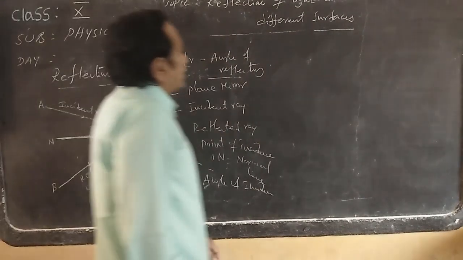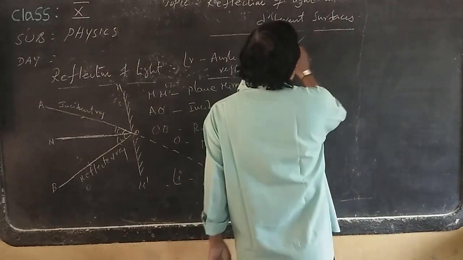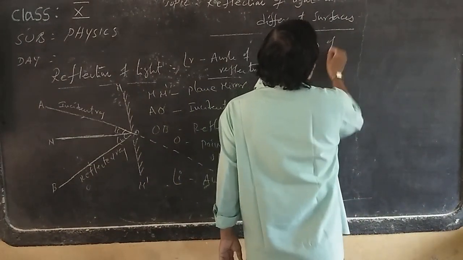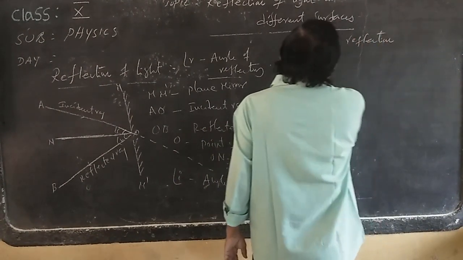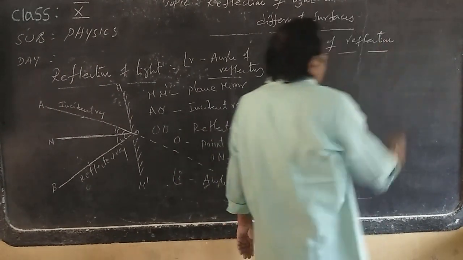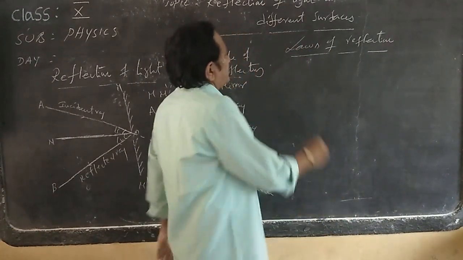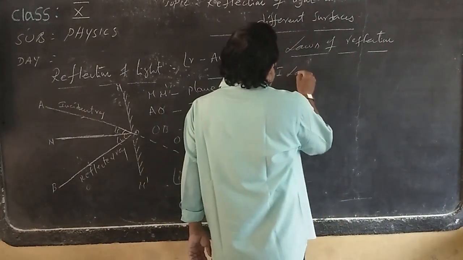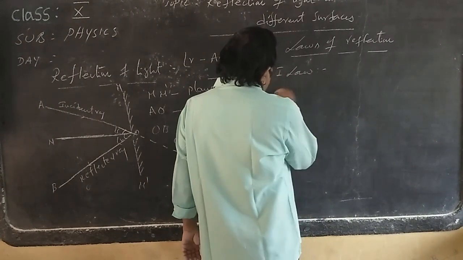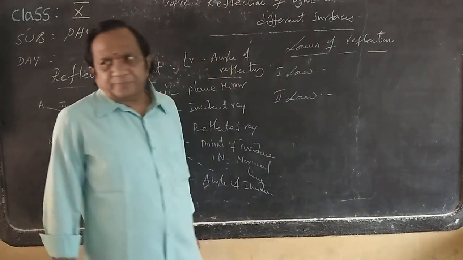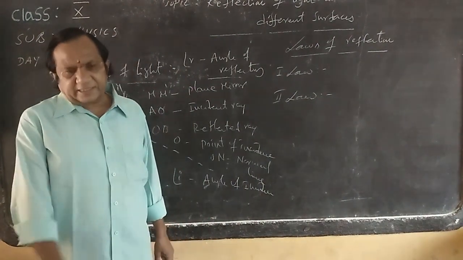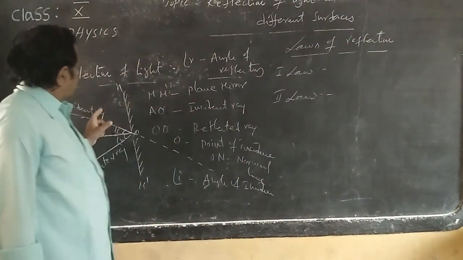Now here, important laws come in. These are called the laws of reflection. Two important laws are there. There are no special names, we just call them the first law and the second law of reflection. What does the first law of reflection state?